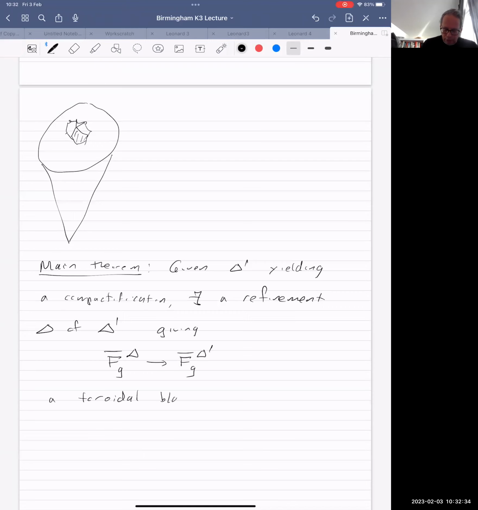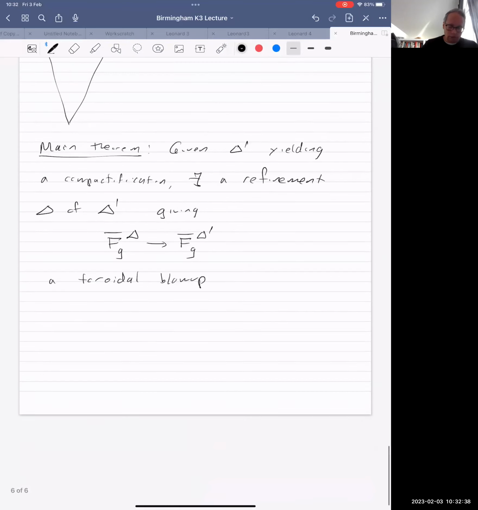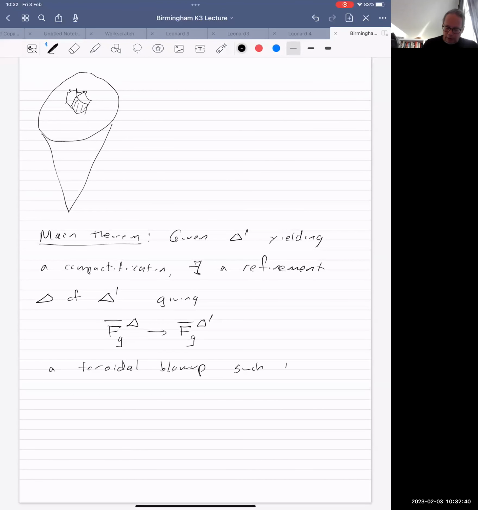Toroidal blowup, because these aren't actually toric varieties. Such that, okay, a number of good things happen.